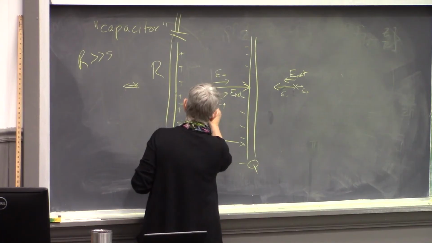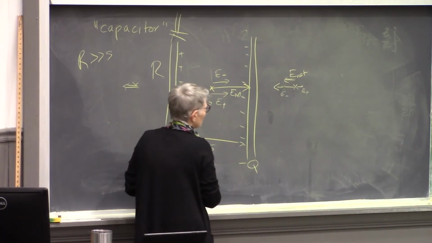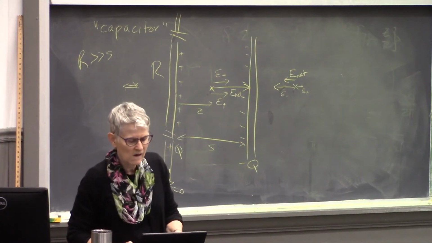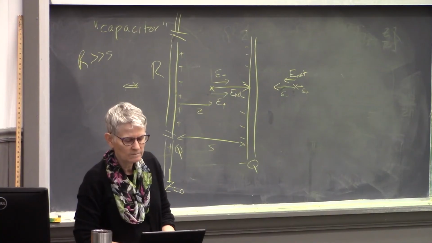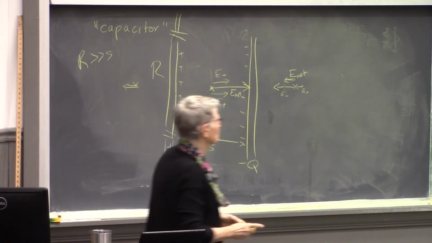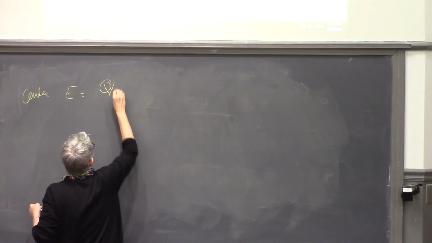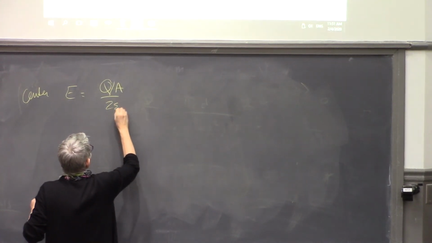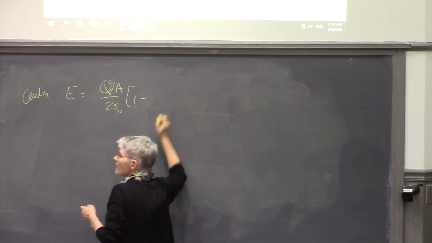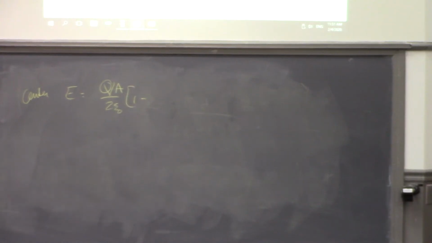So if this distance is Z, then we have Q over A over 2 epsilon 0, 1 minus Z over R, right?